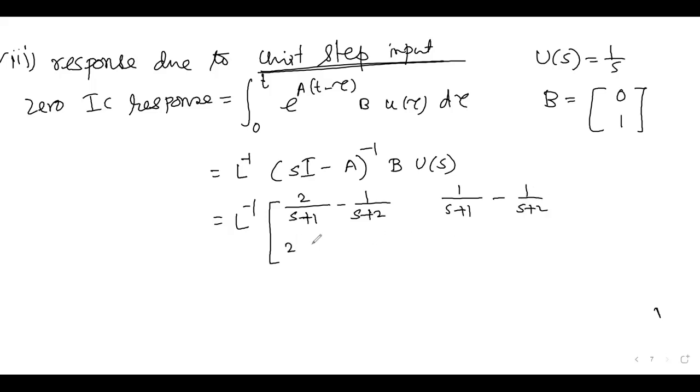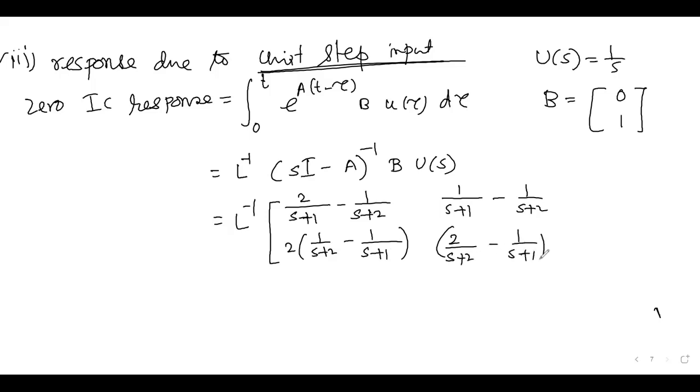This is 2 into 1 by s plus 2, I'm writing that positive term first, then 1 by s plus 1, and this one is 2 by s plus 2 minus 1 by s plus 1.